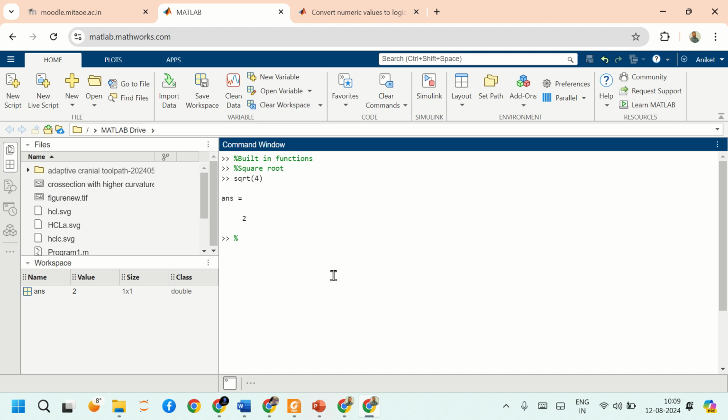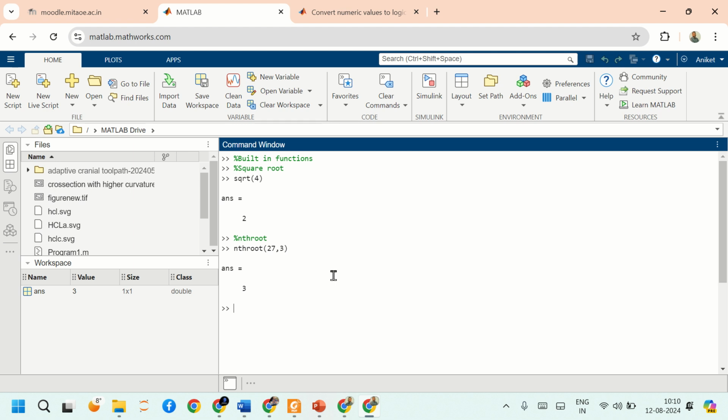Then nth root. So what is nth root? Suppose we have to find the cube root. So there is a function called nthroot. Now we have to find the cube root of 27. What will be the answer? 3.